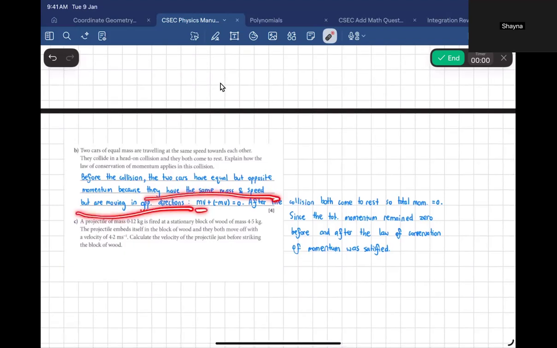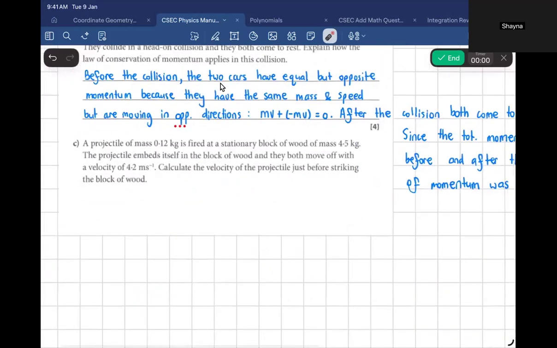So it'll be mv plus minus mv is zero. That's one of the main reasons. You had to say that, and that would be zero. After the collision would be the same thing, so it conserved the momentum because before is equal to after. I would give you 3 marks. All right.